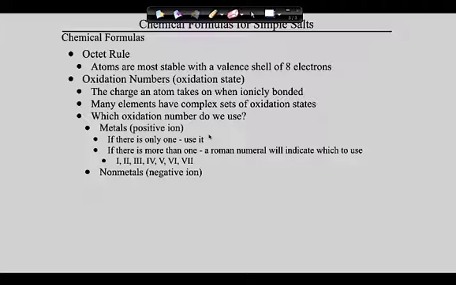We are going to treat them as takers. So we are going to use the negative charges for the nonmetals. We are not going to worry about the examples where the nonmetals can be positive. We're going to treat them just as negative.